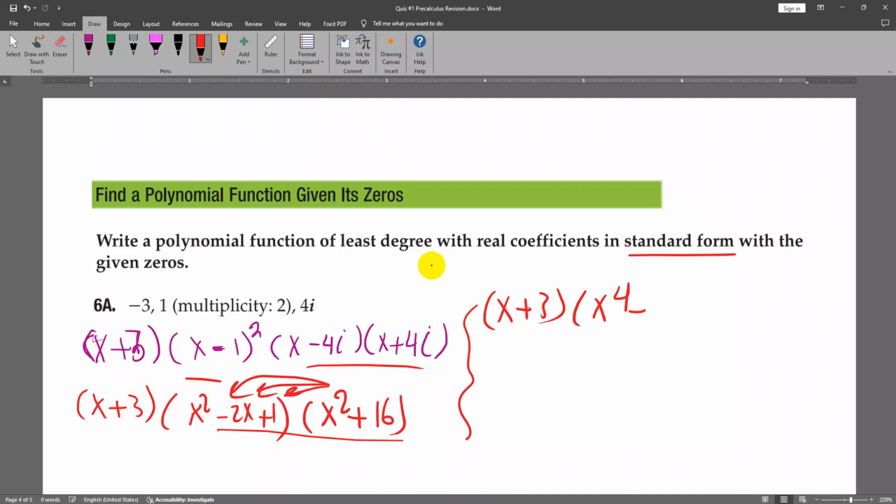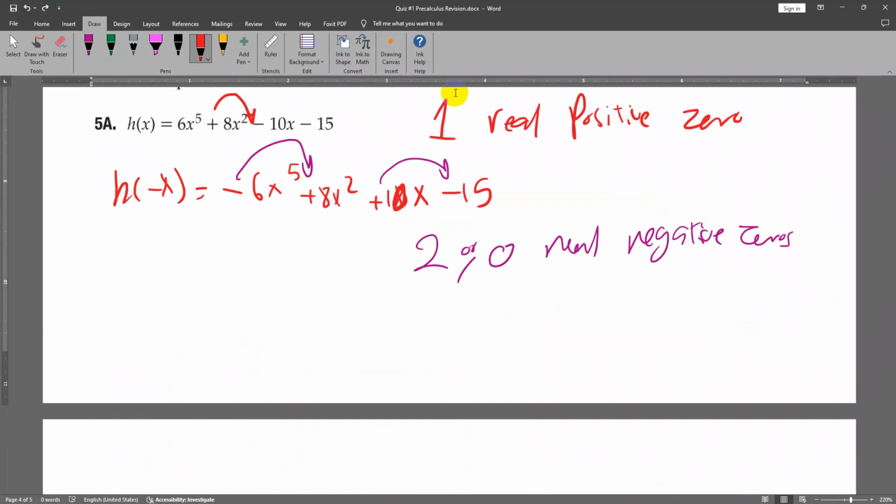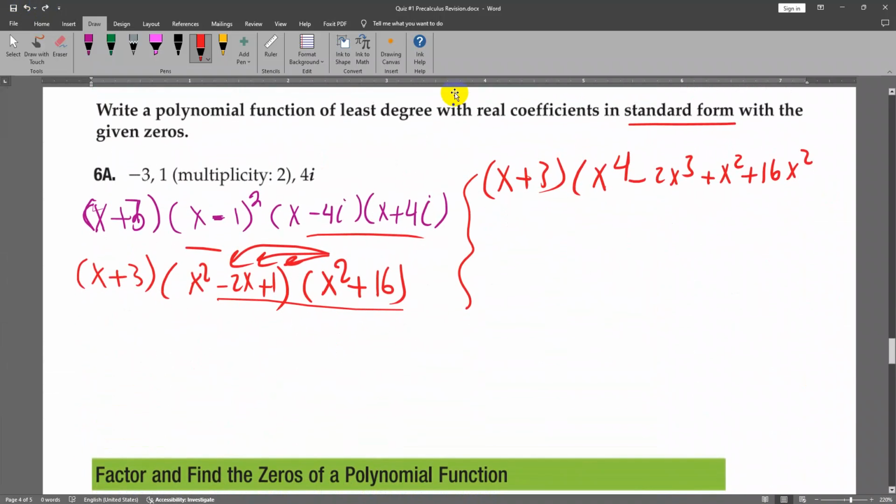That gives you x power 4 minus 2x power 3 plus x power 2 plus 16x power 2 minus 32x plus 16.